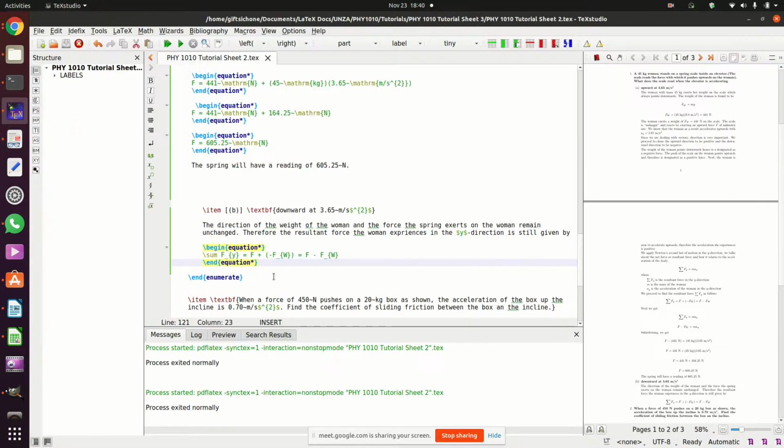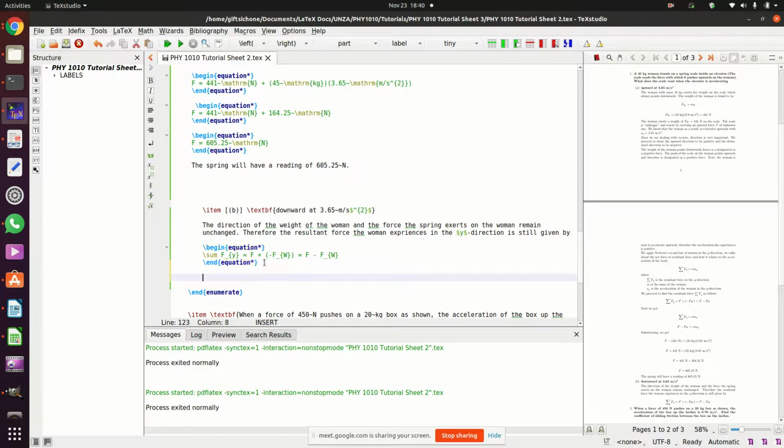However, something has changed. The acceleration has changed direction. In this case, the woman accelerates downwards.